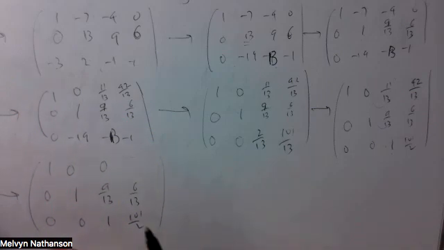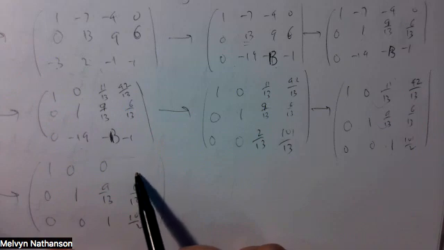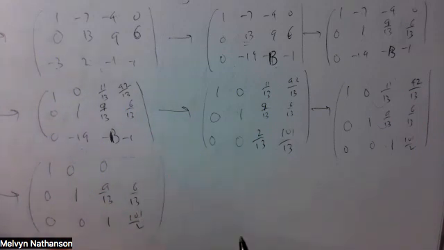So it's 42 over 13 minus 11 over 13 times 101 over 2.